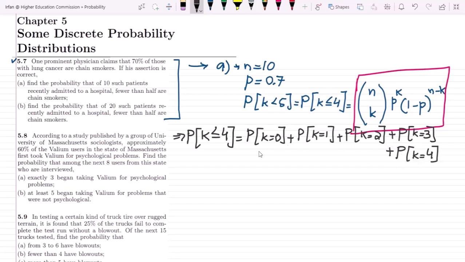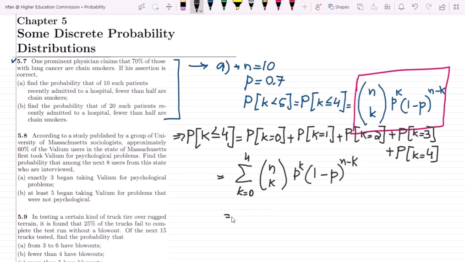So these all values correspond with this condition. I can cumulatively write them as the sum from k equal to 0 up to k equal to 4 of n choose k, p to the k, and 1 minus p to the n minus k.